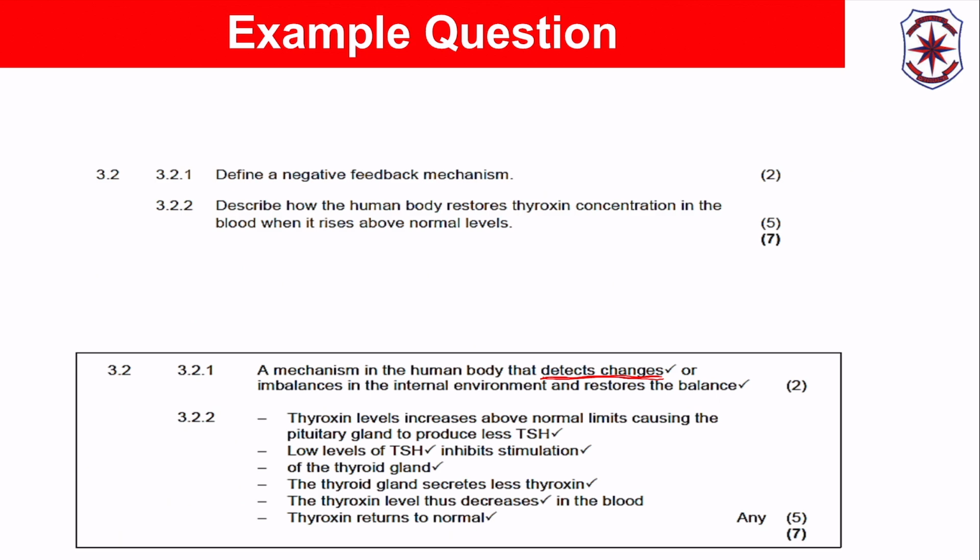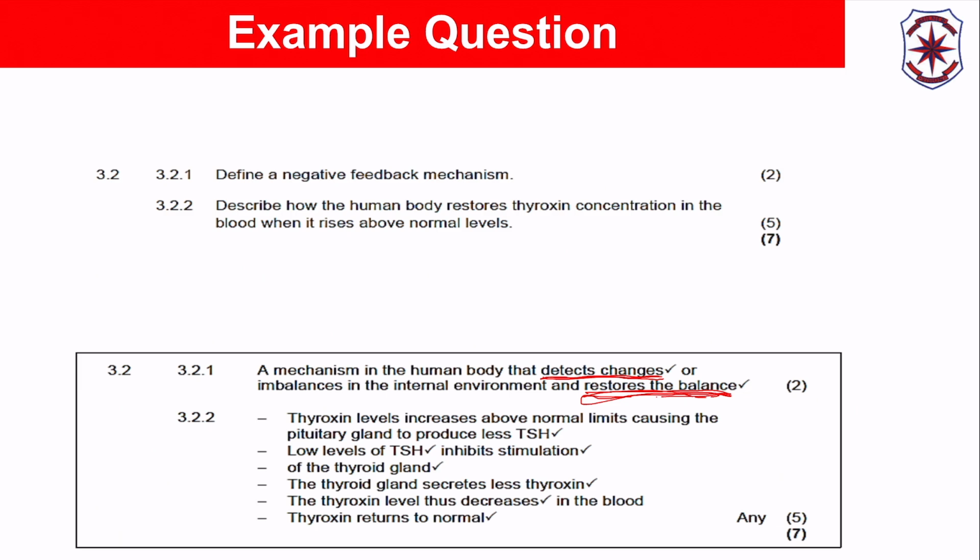So when there is a change in the internal environment of the body, there should be a detection of the change or an imbalance in the internal environment and restores balance.